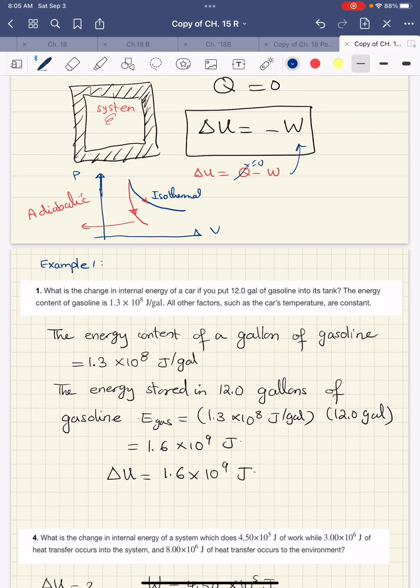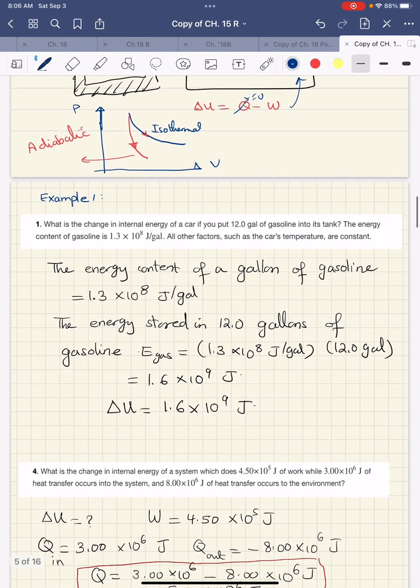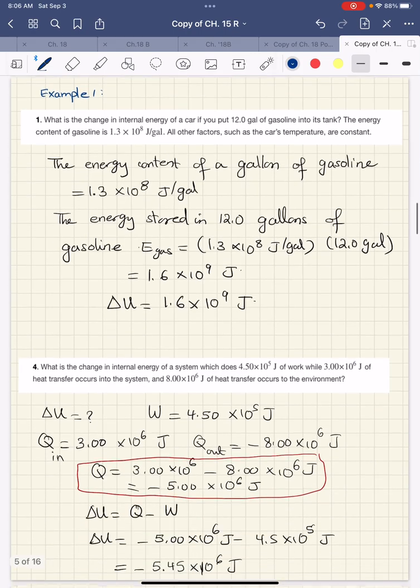Then if you filled up with 12 gallons, the total energy is going to be 1.3 times 10 to the 8 times the 12 gallons, and then it's going to be 1.6 times 10 to the 9. And this is added internal energy to the system: 1.6 times 10 to the 9 joules.